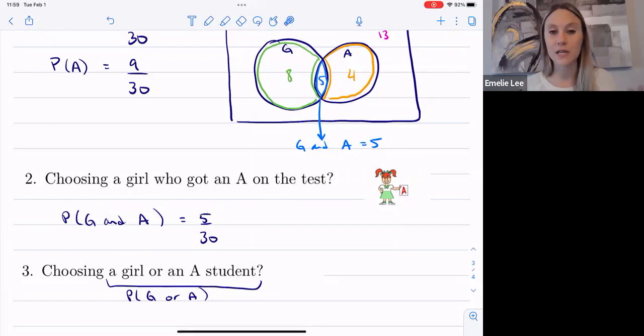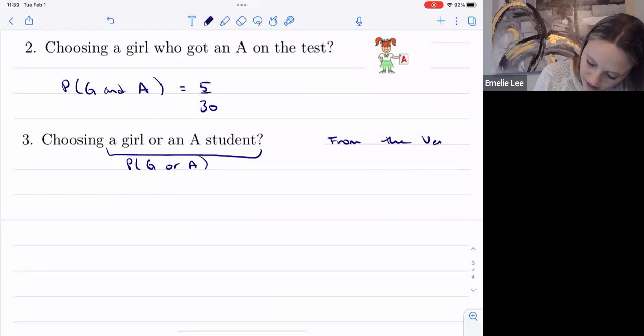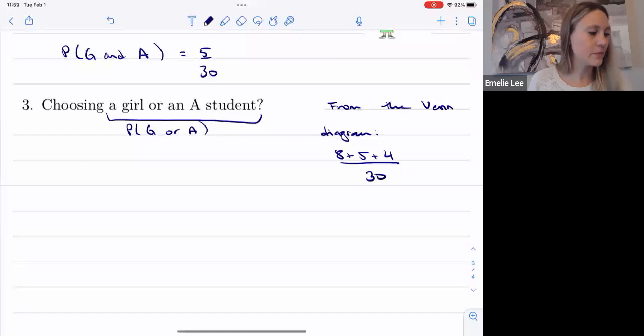Those are the areas that satisfy this question, and that's the number that I want out of 30. Or I can use the formula. And so here, from the Venn diagram, we have 8 plus 5 plus 4 out of 30, which is what?